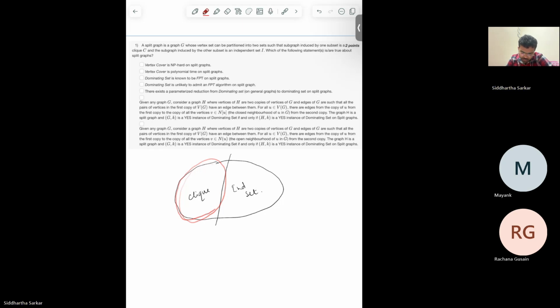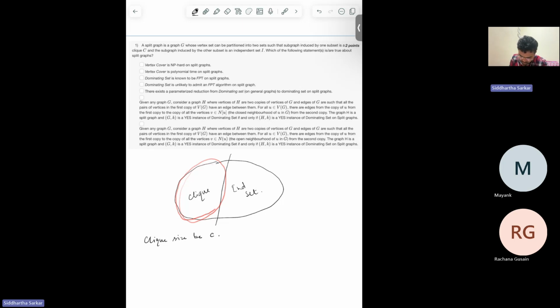You are willing to cover each of the edges in the clique. So let us say the clique size is small c. So there are c vertices in the partition corresponding to the clique.